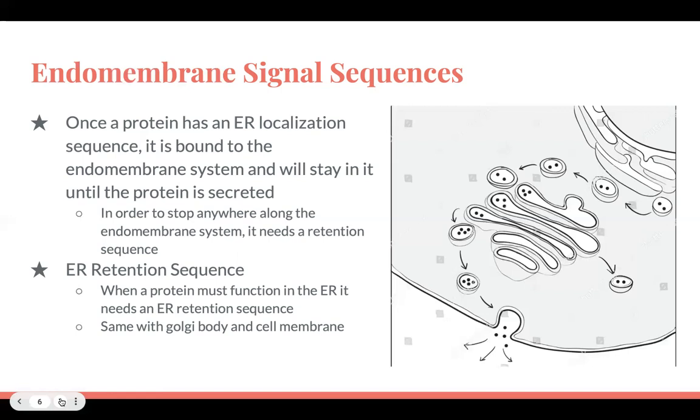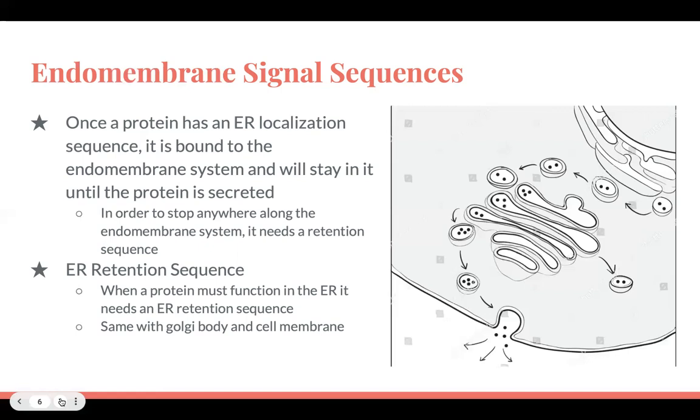So once a protein has an ER localization sequence, it is bound to the endomembrane system and will stay in it until the protein is secreted. If it has an ER localization sequence, it's going to enter the ER and go all the way through until it's secreted unless told otherwise. In order to stop anywhere along this system, it needs a retention sequence.